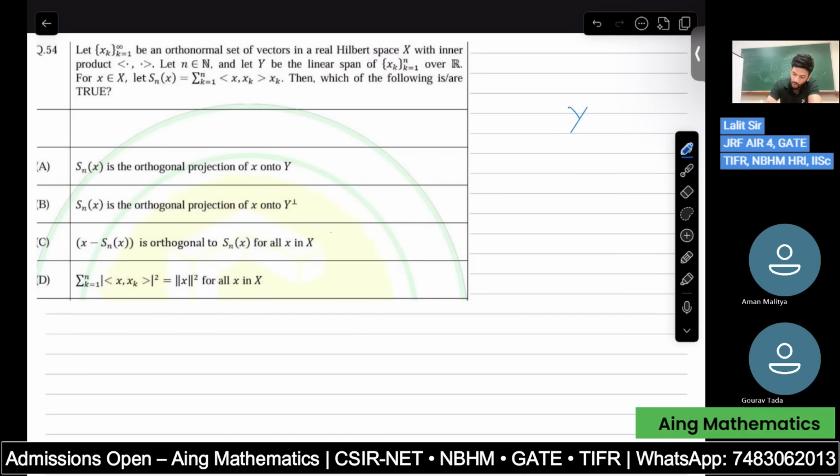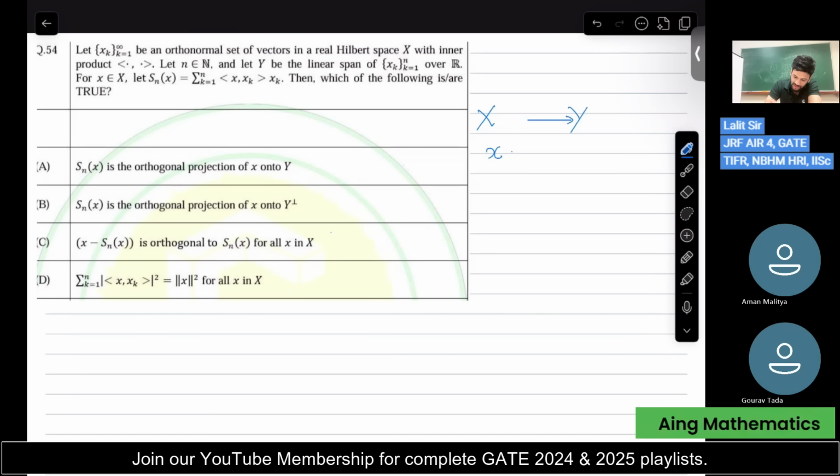Okay. So how do we know that some vector y in Y is the orthogonal projection of a vector x of the Hilbert space X? Suppose you pick some vector x and I give you some y from Y. What is the criterion for that? You should remember that I told this in the last class.